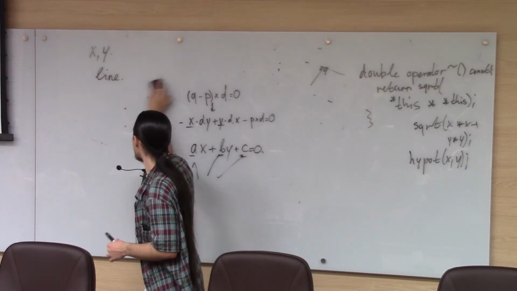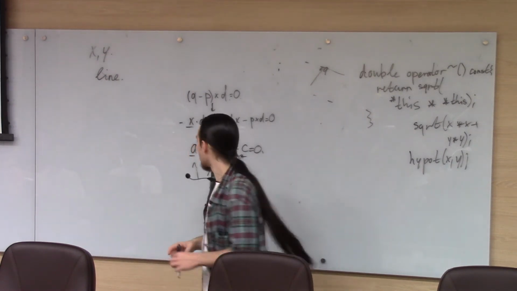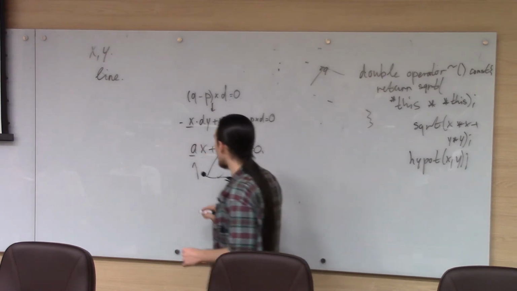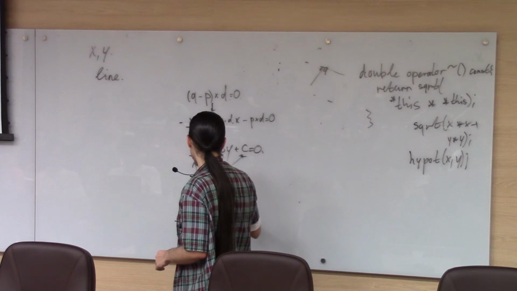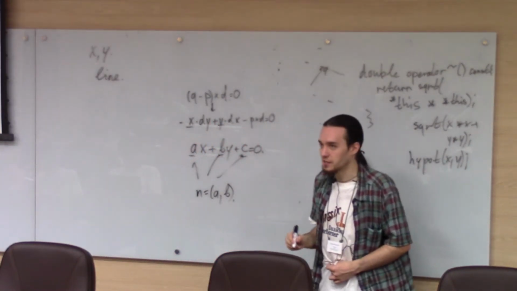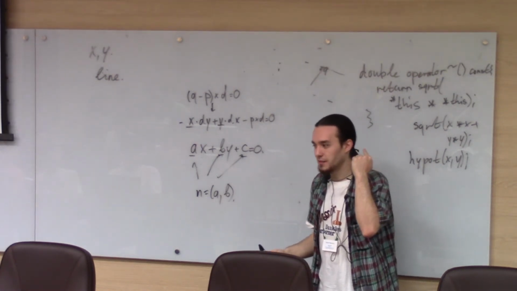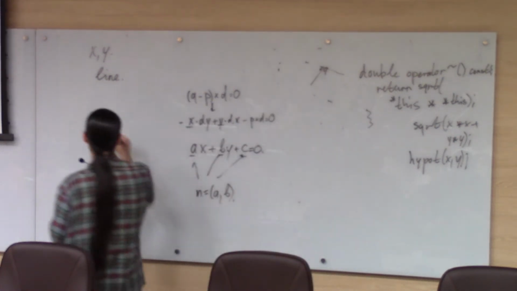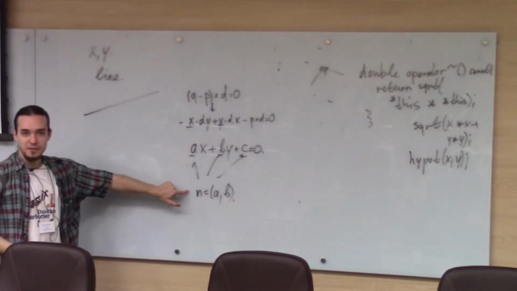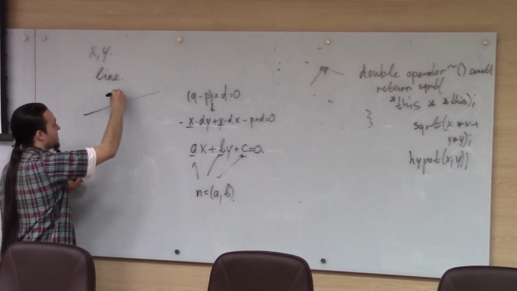So, in fact, the a and b are the most important. We will even make a special vector out of them, the vector denoted n with coordinates a and b. And the special meaning of this vector is that if we have a line defined by this equation, then this vector is orthogonal to the line.